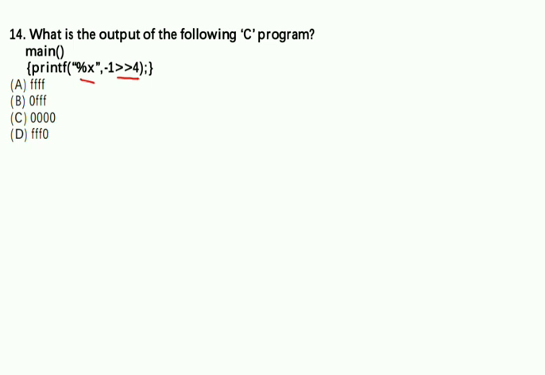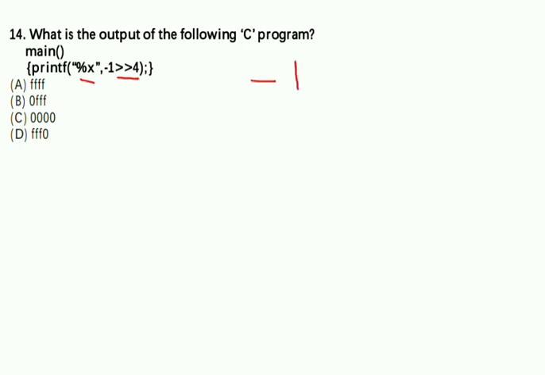So -1 right shift 4. First we need to convert -1 to binary format. In most modern systems, integers are typically represented using 2's complement. In 2's complement, -1 is represented by all bits set to 1.